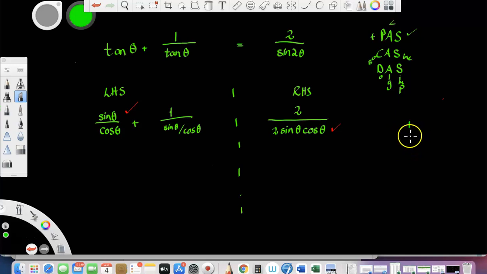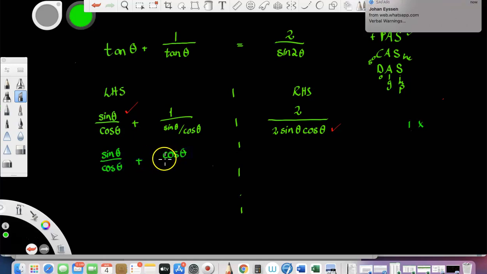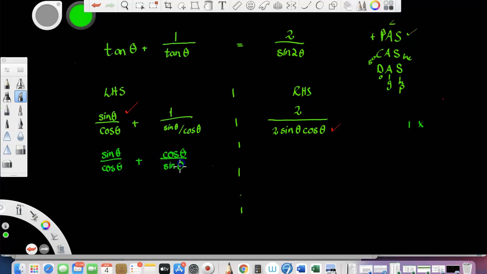So 1 over a fraction, I just multiply by the reciprocal. I turn this around. And so this one becomes sine theta over cos theta plus cos theta over sine theta.